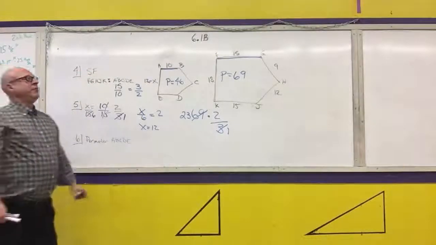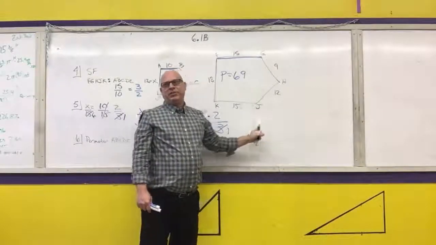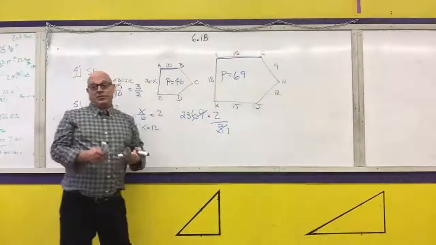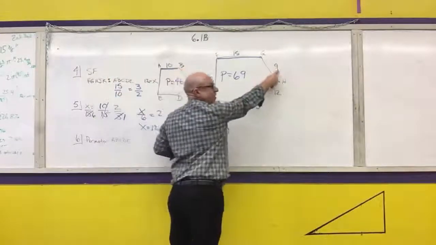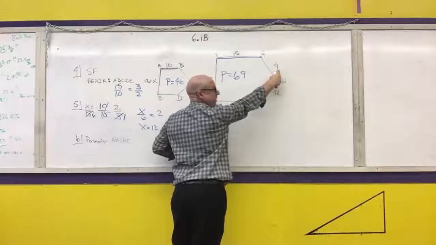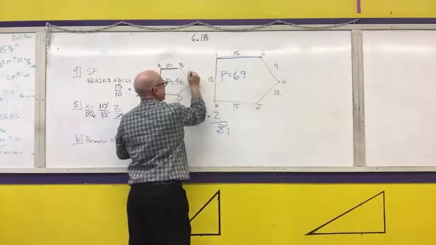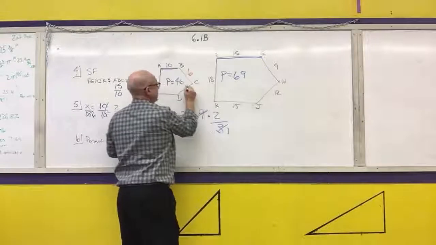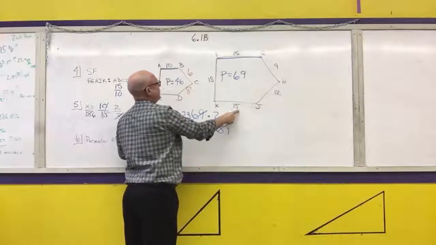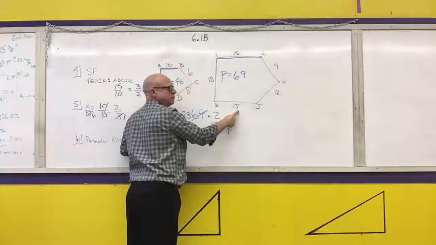Now, the other thing you could have done is taken each of these numbers and multiplied it by 2/3, which means you're going to be doing that fraction a whole bunch of times. Now let's see if it works. What's 9 divided by 3? 3. 3 times 2 is 6. 12 divided by 3 is 4, times 2 is 8. 15 divided by 3 is 5, times 2 is 10.